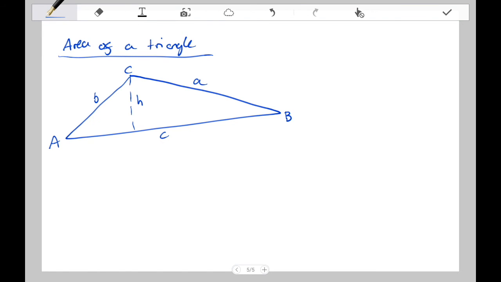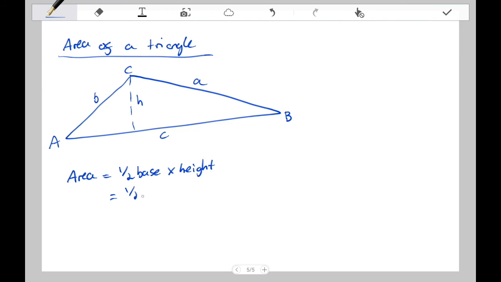Right, we're going to start from the area of a triangle, area equaling a half the base times the height. And what we're going to see is that the base we can substitute in for c.